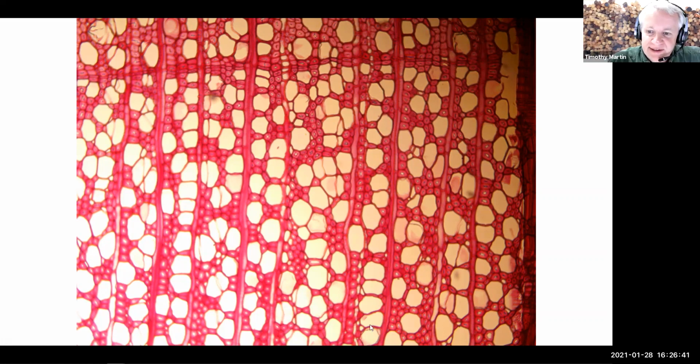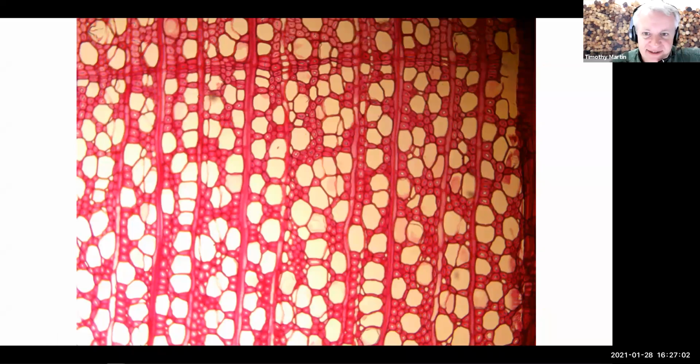Okay, the tree is growing probably in this direction. Basically this is the end of a growing season and the beginning is down out of the slide to the bottom. But you see there's very little change in vessel size across the growth ring. That tells us that this is a diffuse porous species.